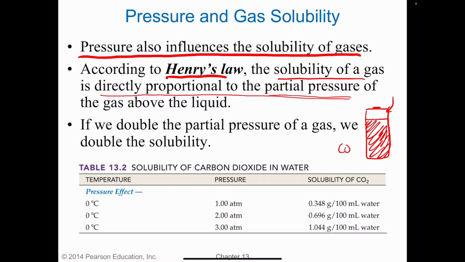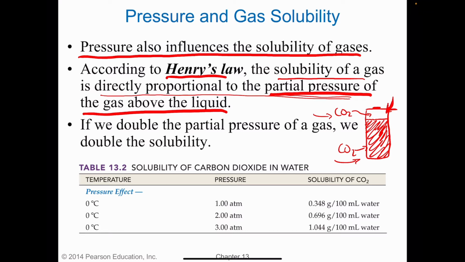You could have CO2 dissolved in liquid, but you can also have CO2 in the air above that liquid inside that can. So when they say partial pressure of the gas above the liquid, they're talking about the CO2 that's there in that headspace. And the CO2 that's dissolved would be the CO2 that's down here, actually in the soda. But what happens when you pop open a soda can? When soda cans are manufactured, there's a really, really high pressure inside that can.